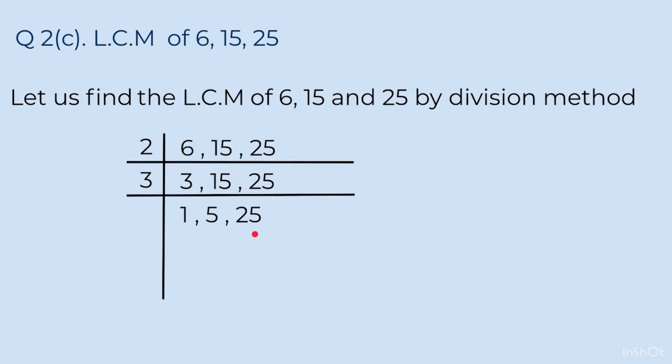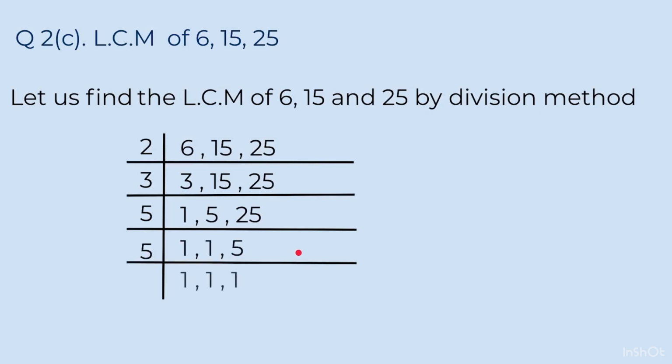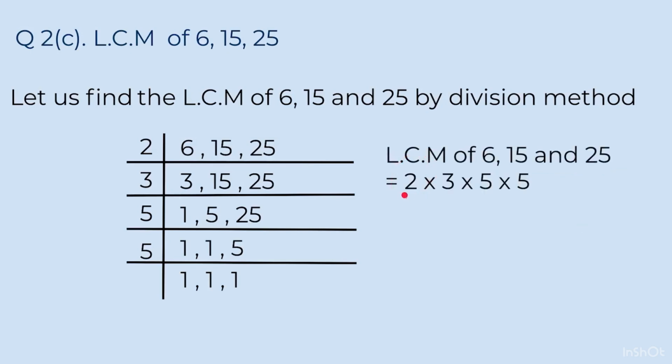Next we check with 5. These two numbers divide by 5, so we get 1, 1 and 5. Again we divide by 5 and now we get 1, 1 and 1. At the stage where we get 1, 1, 1, we stop, and the product of all these numbers is our LCM. So the LCM of 6, 15 and 25 is 2 into 3 into 5 into 5, which is 150.